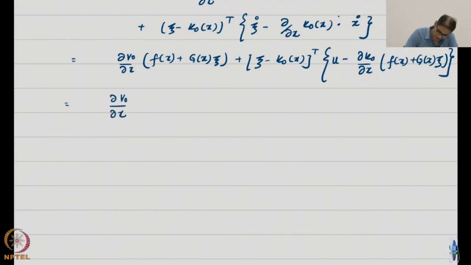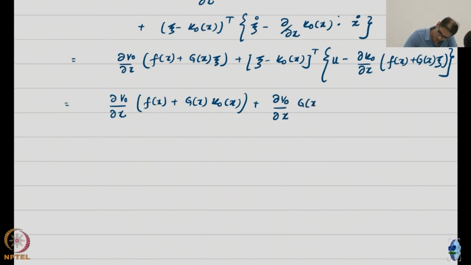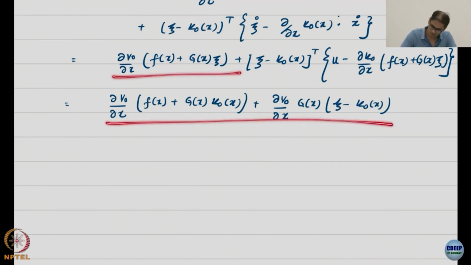Partial of V0 with respect to x, f(x) plus g(x) k0(x), plus partial of V0 with respect to x, g(x), (psi minus k0(x)). This is just the first term broken into these two pieces.